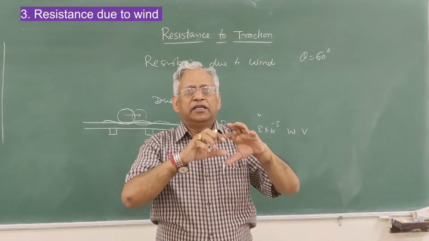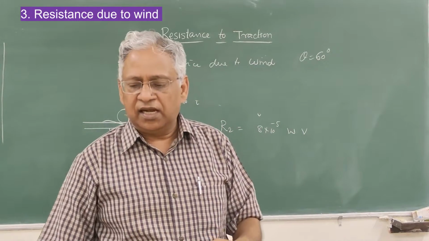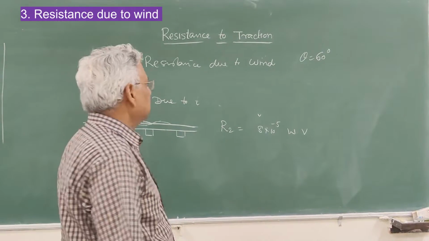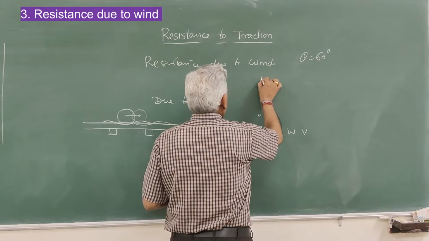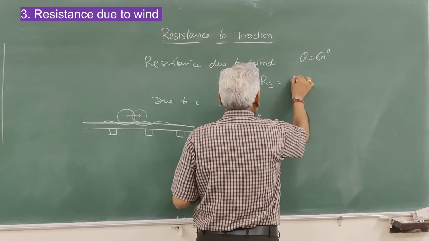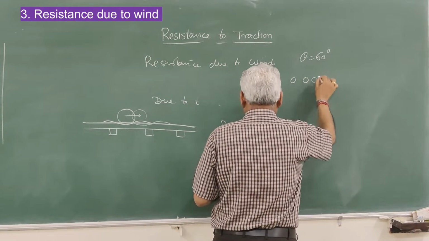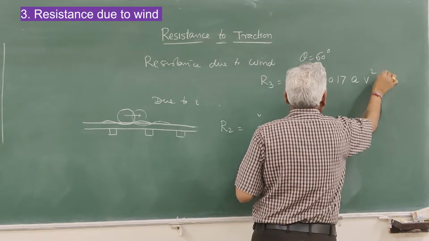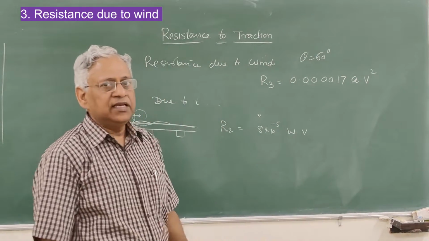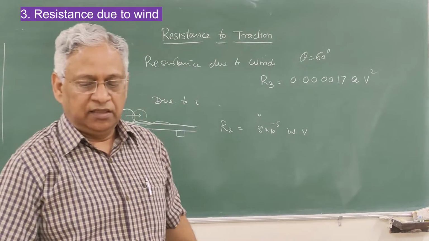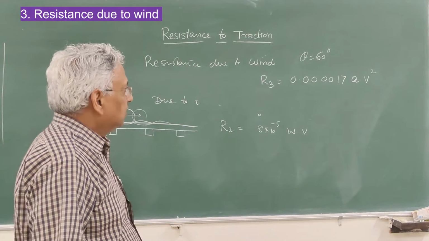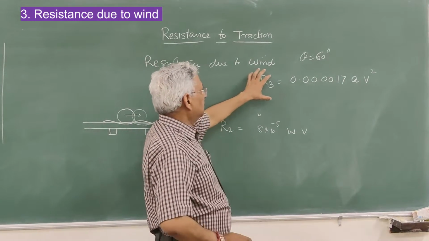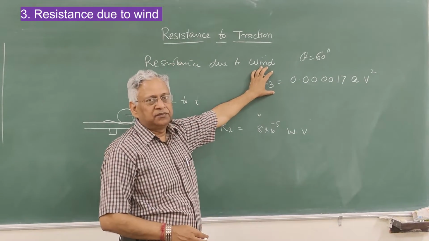And it depends upon the exposed area, and therefore the equation which is used to calculate this resistance is, let us say, R3 = 0.00017 A V². Here A is the exposed area in meter square and V is the speed in kilometer per hour, R3 is the resistance due to wind.